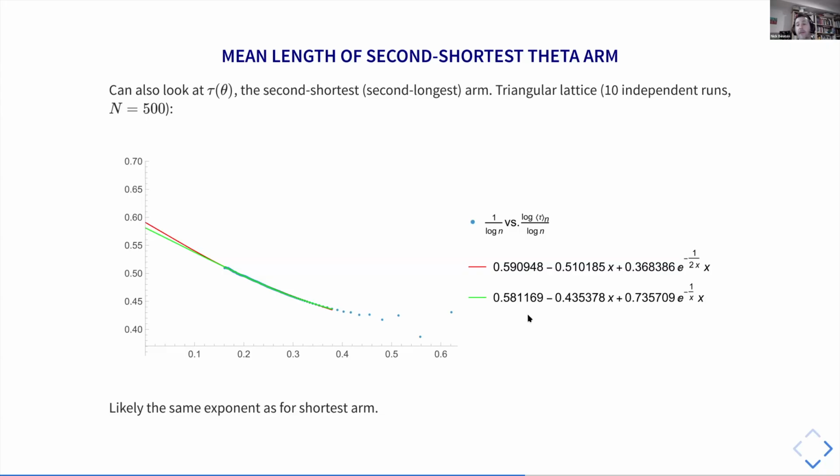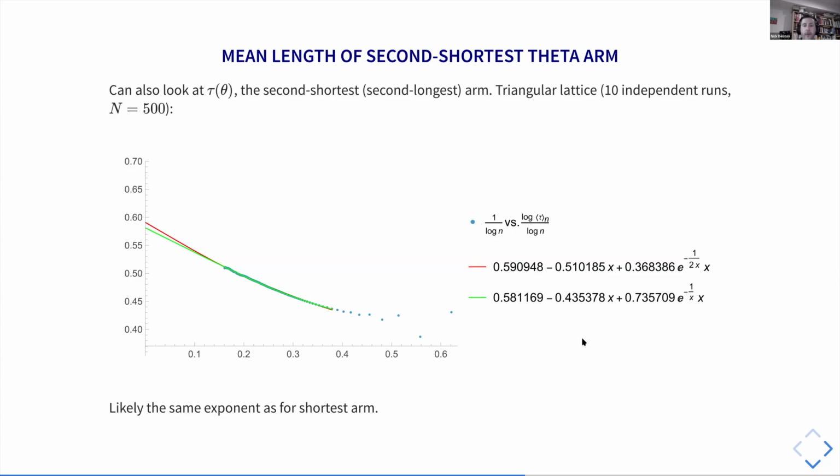And so that makes sense because if I've got a little loop that's embedded in a big loop, then you've got two little short arms and one long big arm. Well, you would expect the two short arms to roughly be the same size. And so you would expect the exponent for those two things to probably be the same. And the data does seem to bear that out.